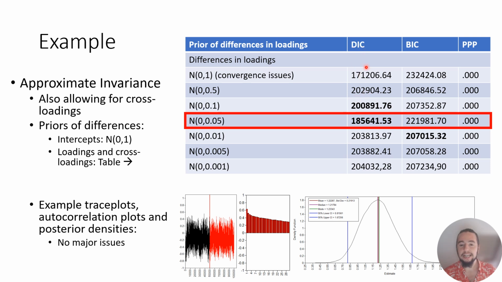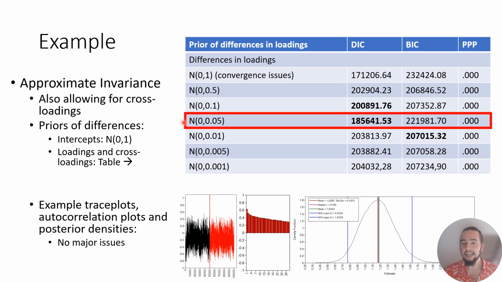You can see here that DIC starts to increase, then decrease, and then increase again. The BIC decreases until this point, and the PPP is always lower than 0.05. So, prioritizing the DIC, you can select this model as one of the approximately invariant models in loadings, because differences in loadings are modeled with a prior of mean 0 and standard deviation 0.05.